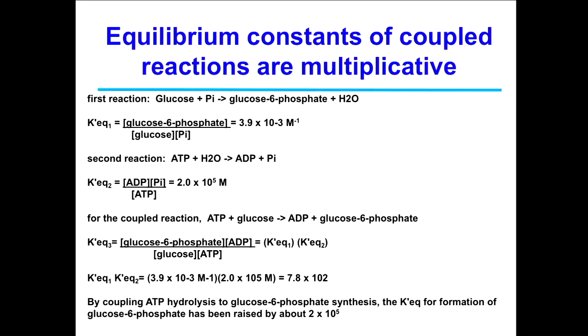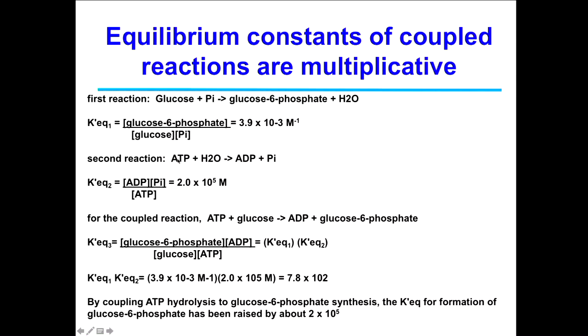So we can figure out delta G's if we have coupled reactions. We can also come up with some equilibrium constants. So here now we have the glucose and the inorganic phosphate again, giving us glucose 6-phosphate. Let's think about this. The K prime eq is the glucose 6-phosphate concentration to the power of 1, because there's only one molecule of it, over the concentration of glucose to the power of 1, and the concentration of inorganic phosphate to the power of 1.